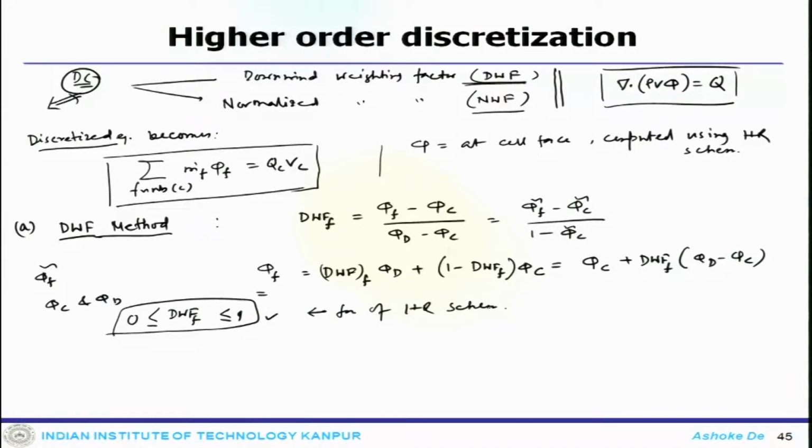So, one can use the functional relationship which we have already established for the HR scheme to find this DWF factor, instead of calculating it using the computed face value. How can one do that?